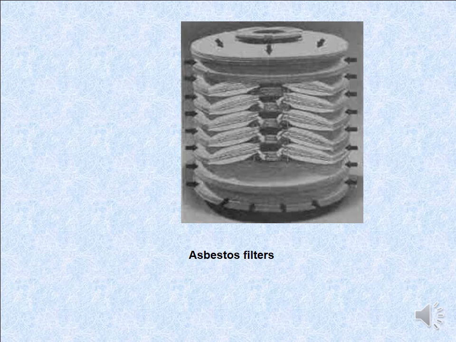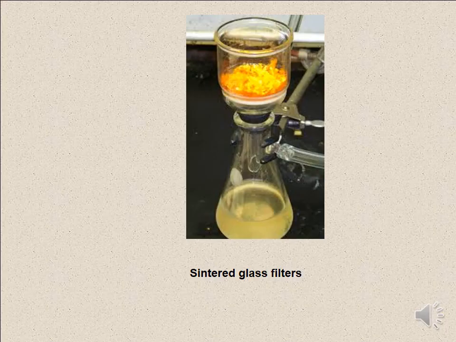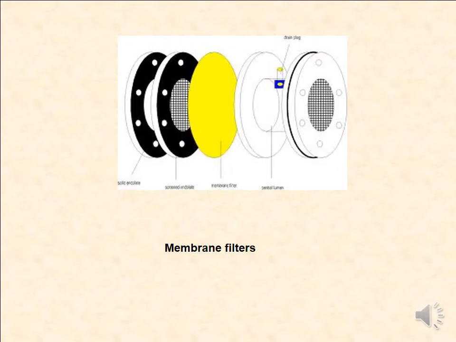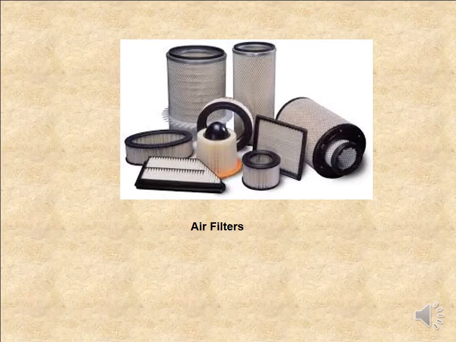Asbestos material is used for filtration of air, mainly in air conditioners. The sintered glass filter is used for any fluid that needs filtration in the lab. The membrane filter uses a membrane to filter the air through it. The air filter is used for theater rooms or any room that needs filtration of the air that enters it.